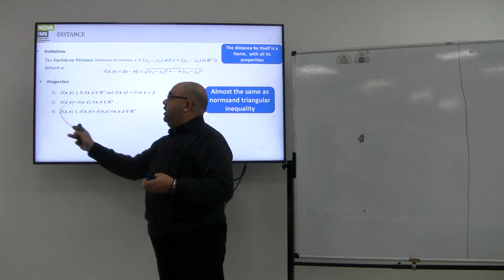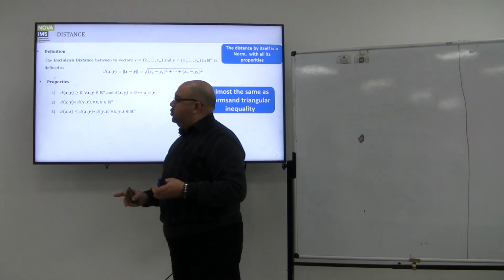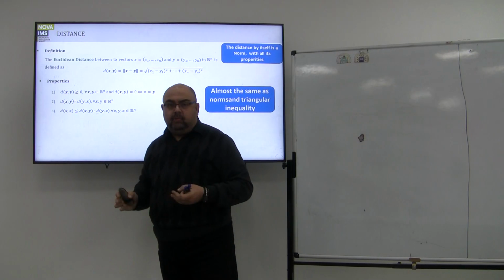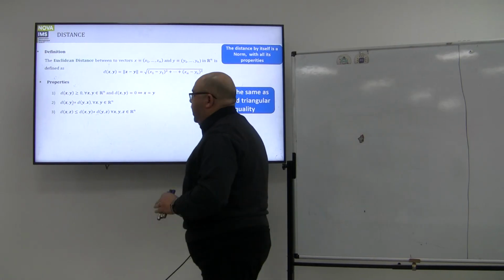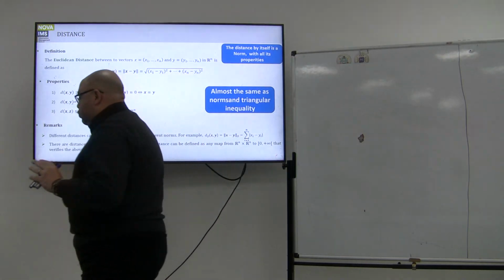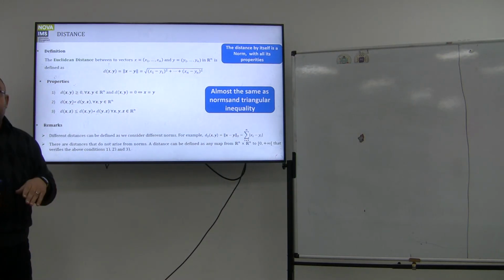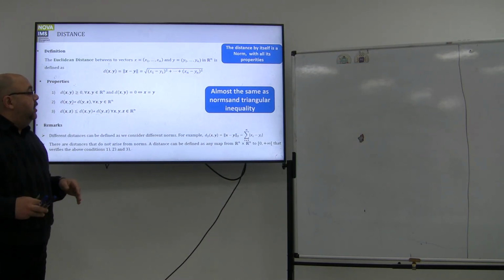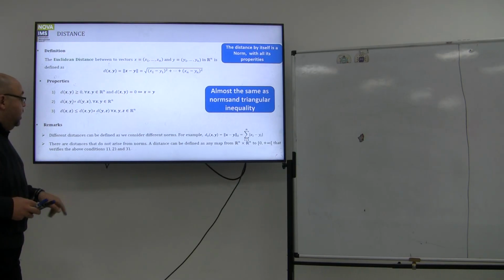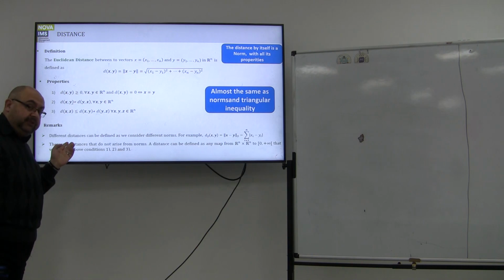Also, the triangular inequality: d(x, z) is less than or equal to d(x, y) plus d(y, z), as you can see, for every x, y, and z belonging to Rn. Also, as we introduced with the norms in the previous lecture, there are different types of distances.